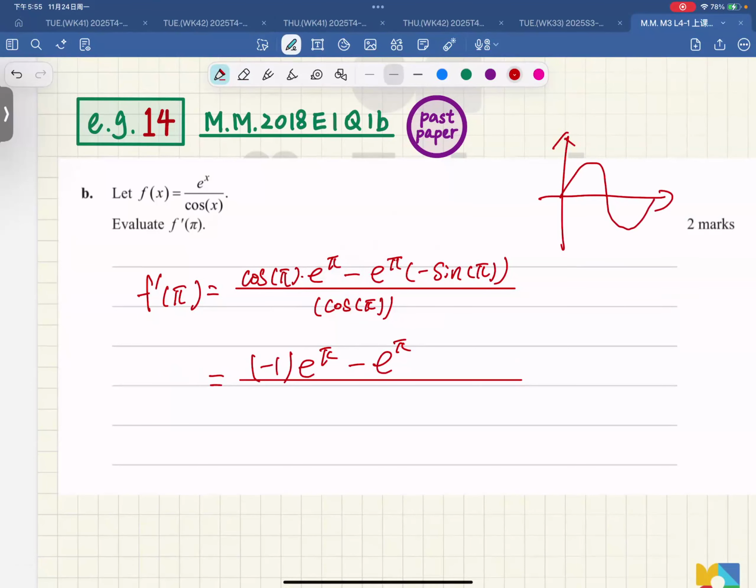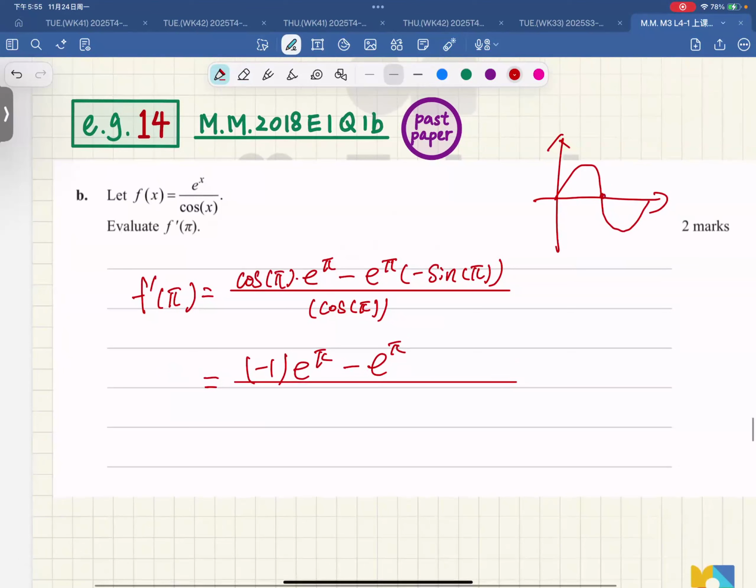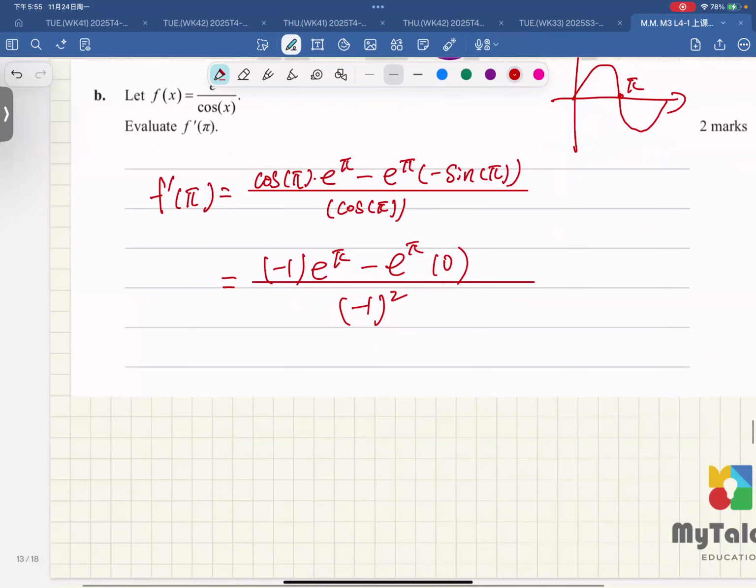That's a sine graph, here is the pi, which is 0. Again, cosine pi is negative 1 to the power of 2, which is equal to negative e to the power of pi.